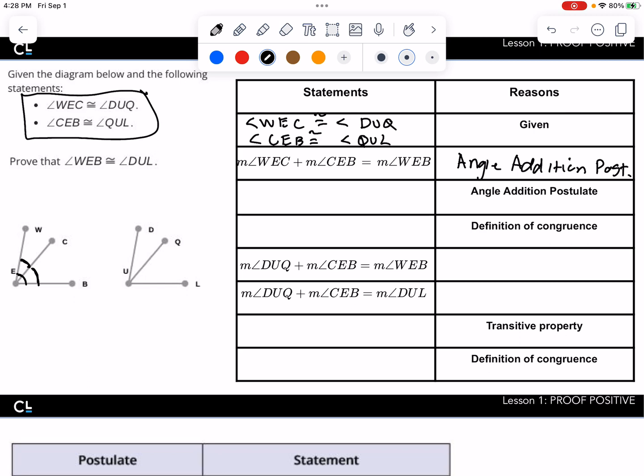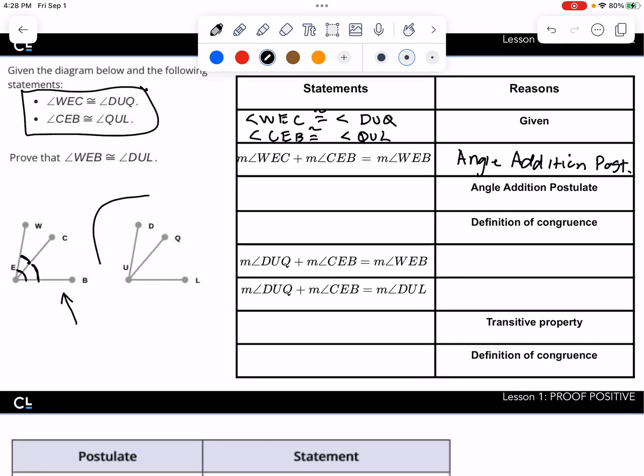Okay, now they're saying that we're going to use the angle addition postulate again. We've already used it for this one, so now we're probably going to use it for that one. Okay, so how would I use the angle addition postulate to write a statement? I would pause the video and try to do that on your own. Hopefully you did that.